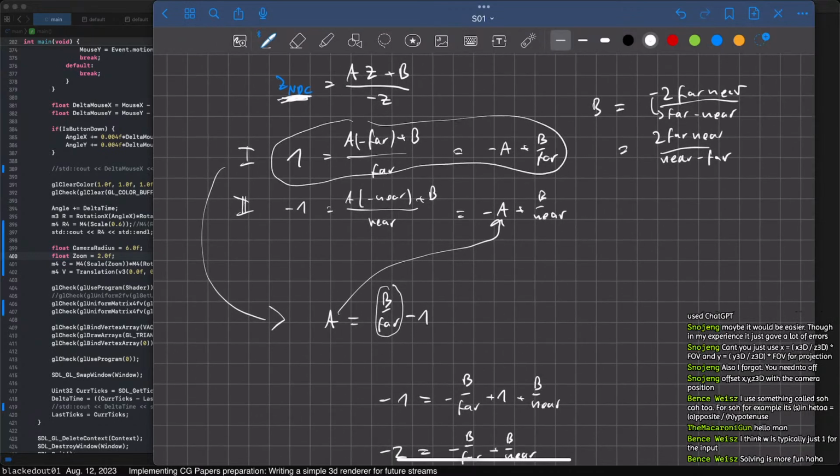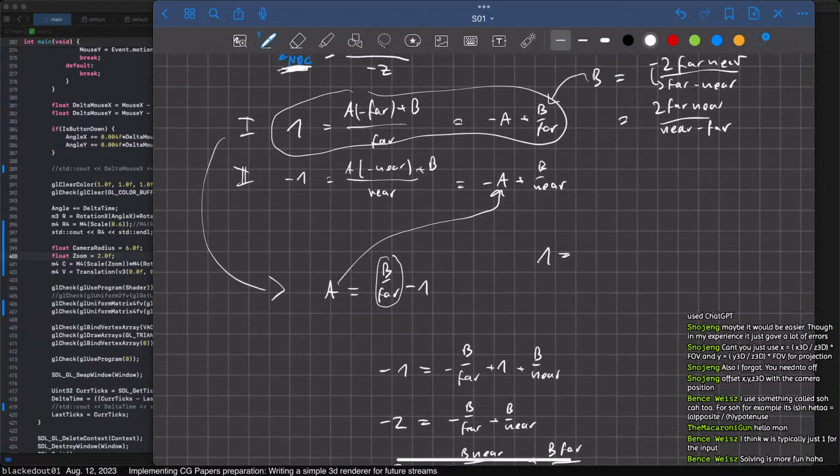If we use this equation and now insert the b here, we can see that 1 is equal to minus a plus, okay, this is a bit ugly.